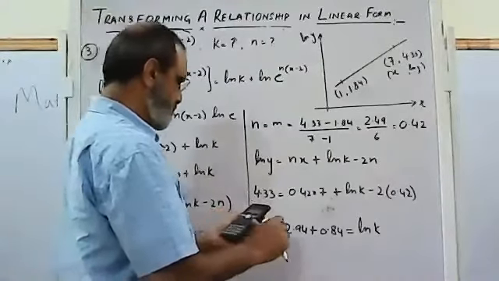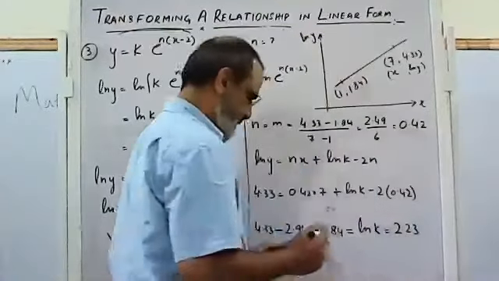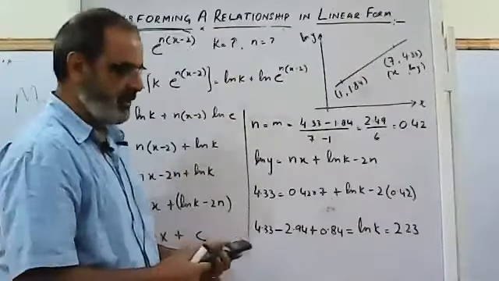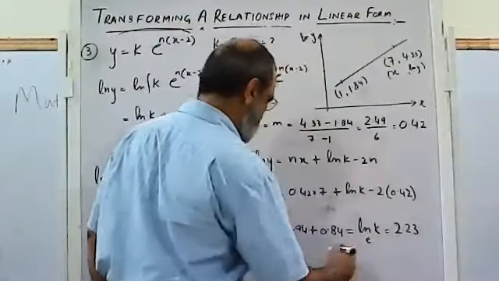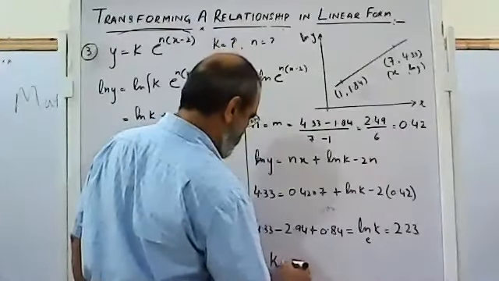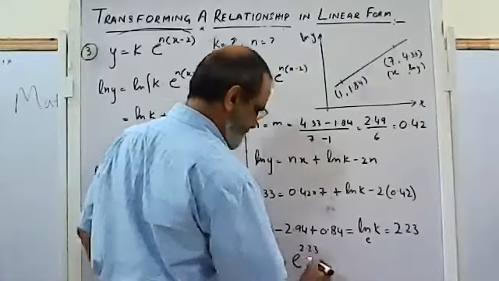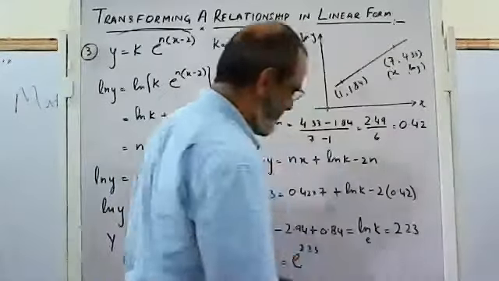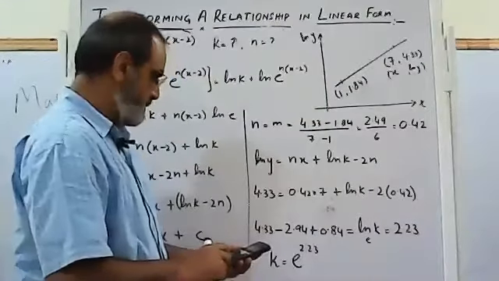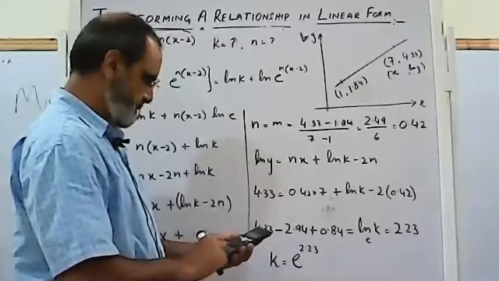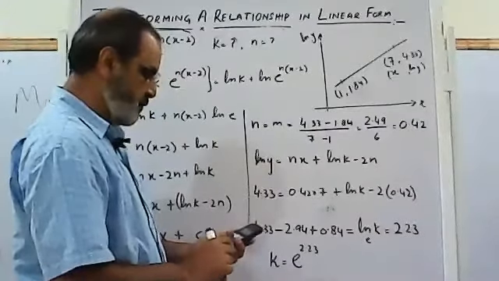It gives me 2.23. Here I have to change log into exponential form. I know the base of ln is e, so k is equal to e to the power 2.23. By using a calculator, I can find this value: 9.29.